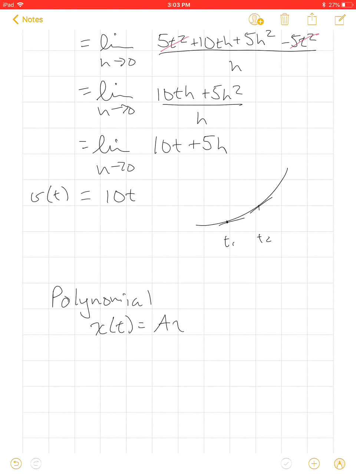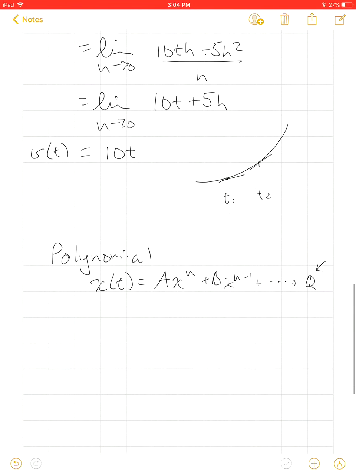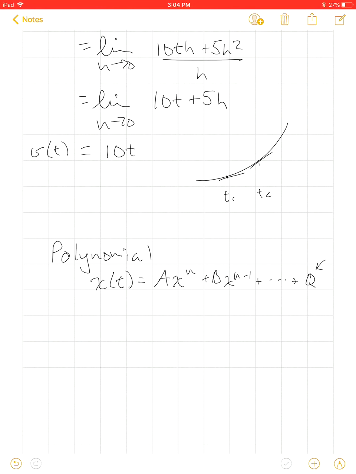So you would have like ax to the n plus bx to the n minus 1 until you get to some value, we'll call it q, and then this will just be a constant. You'll have q, and then the previous one will be times x, and then x squared, all that sort of thing. So polynomial has a real simple form for a derivative.